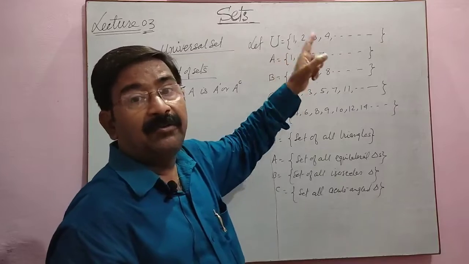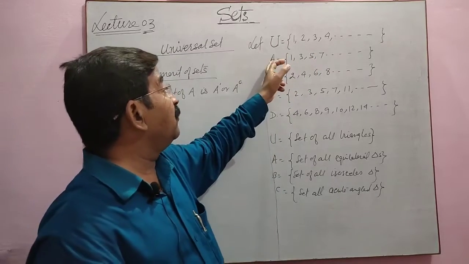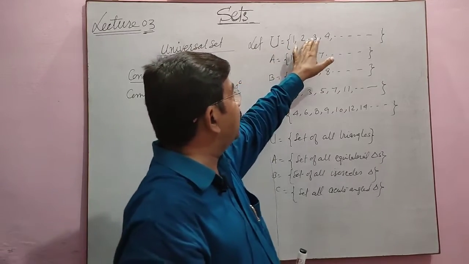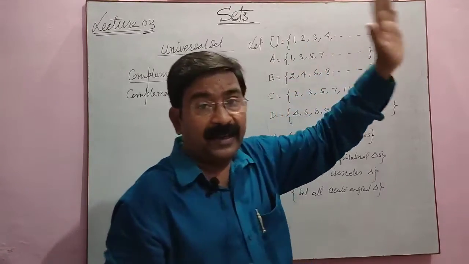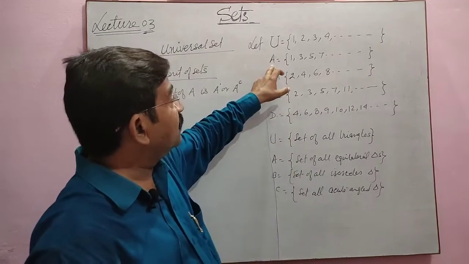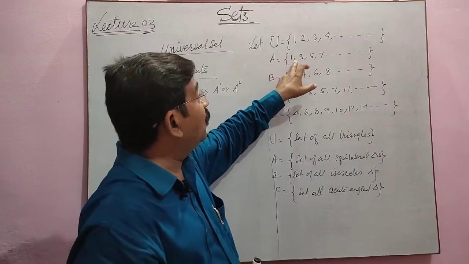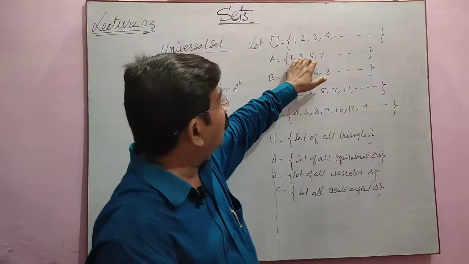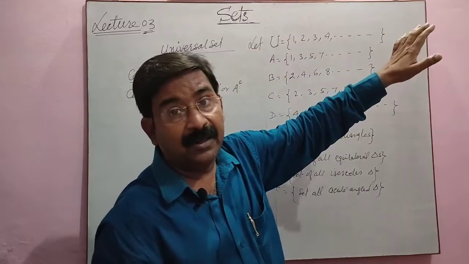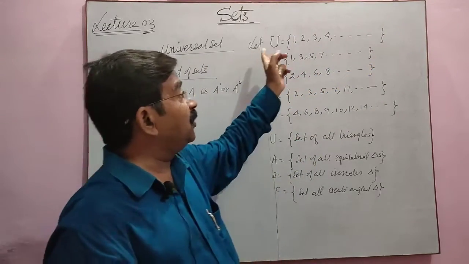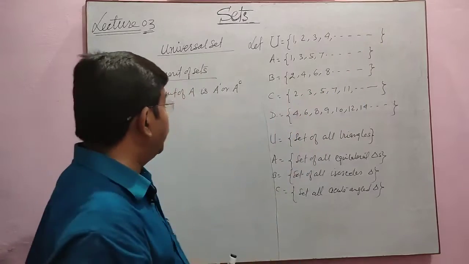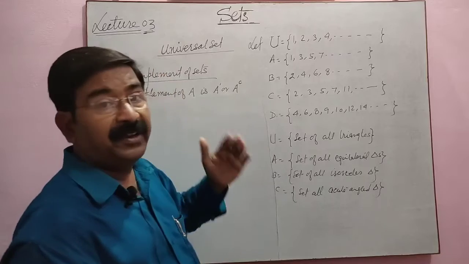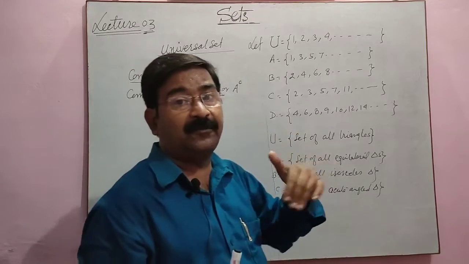Without the universal set, we cannot find the complement. Suppose we are given the universal set 1, 2, 3, 4, 5, 6 up to infinity, all natural numbers. We have set A containing all the odd natural numbers. When you remove all odd natural numbers from the universal set, what is left? All even natural numbers. That is the complement. So to find the complement, we remove the elements of that set from the universal set.